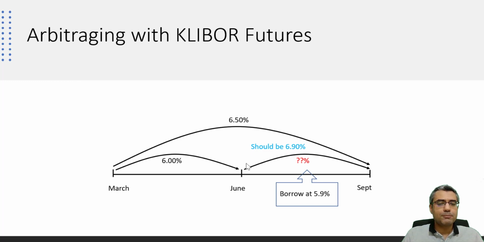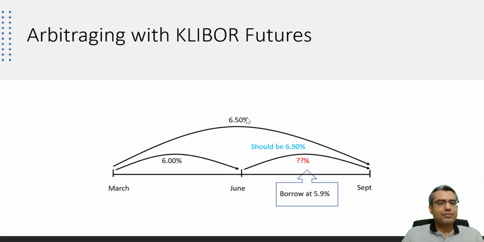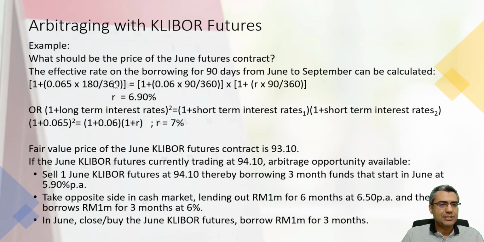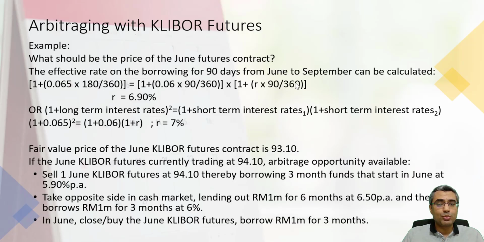So how to compute? 1 plus, here I use a rough estimation, 6.5% adjusted for a 6-month period, equals 1 plus 6% for 3 months multiplied by 1 plus the interest rate we want to find for the 3-month period. If you do the calculation, the interest rate is 6.9%.